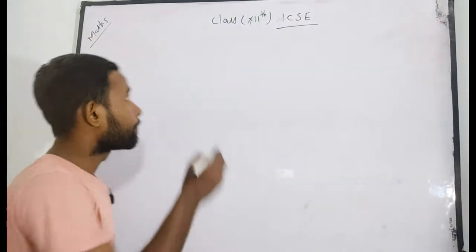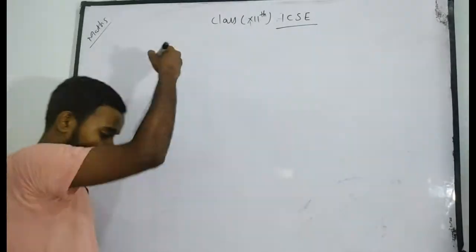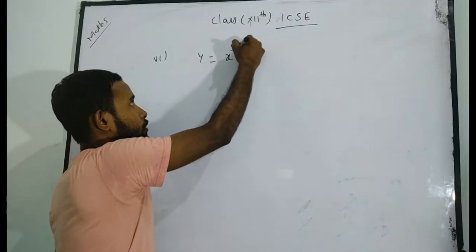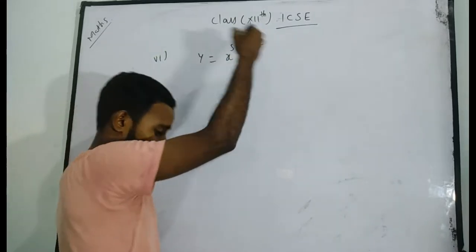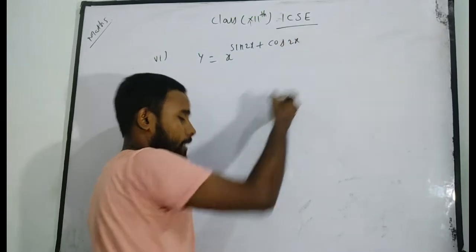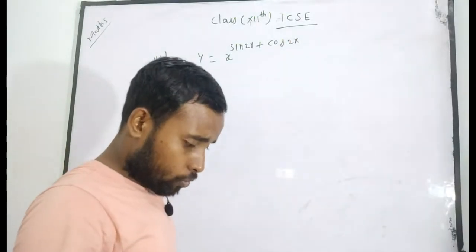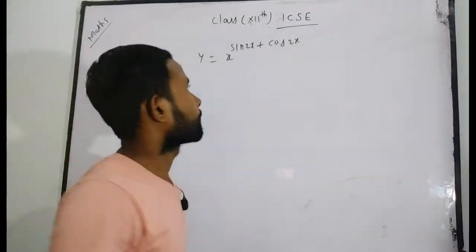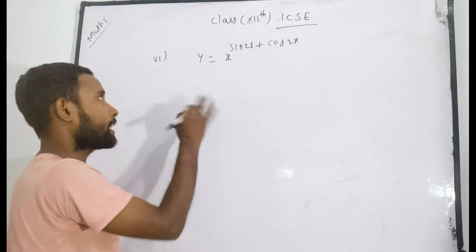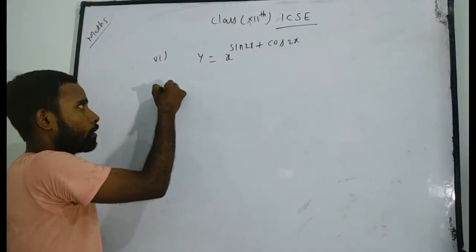Here, y is equal to x to the power sin 2x plus cos 2x, and you have to differentiate. It is also very easy. As in that question, you have to again go through taking log on both sides.